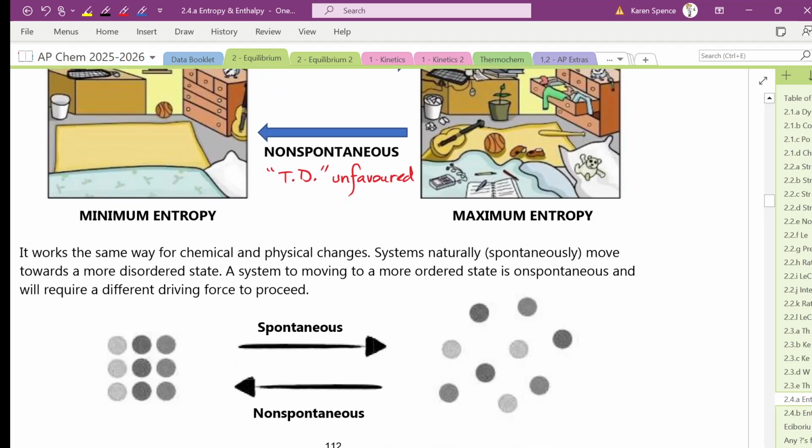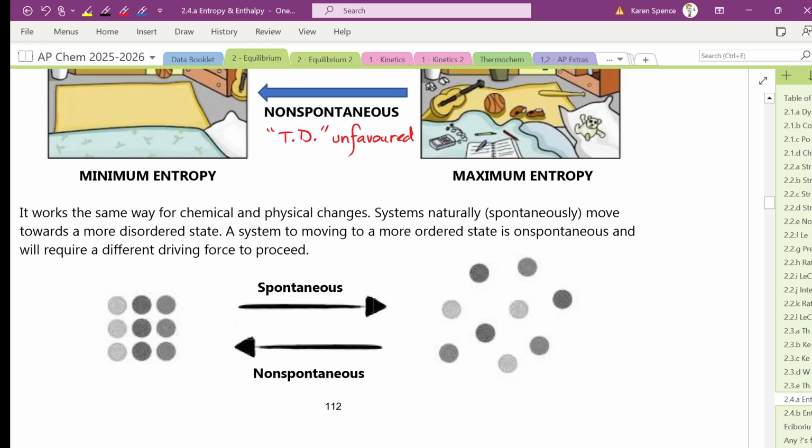So we could go from a more ordered system where we have a solid, for example, and it ends up as a gas. The forward direction is spontaneous or thermodynamically favored. And the reverse process is non-spontaneous, thermodynamically unfavored.